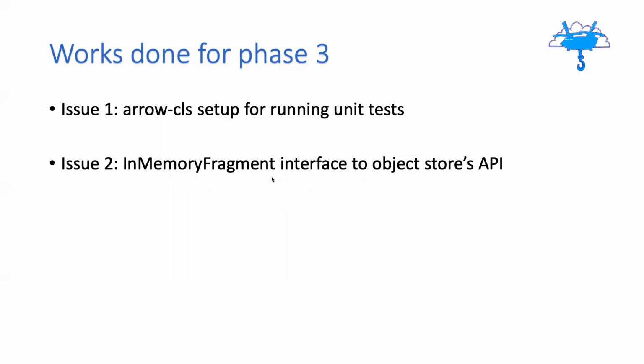This in-memory fragment and the scanner class are very important because we can do the filter and the projection in the Arrow table, and these functions are natively implemented in Arrow. So we don't need to write our own code anymore.